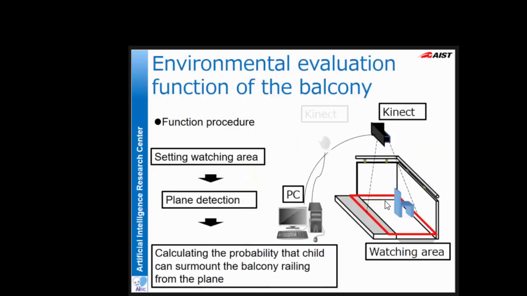Next, I will explain the environmental evaluation function of the balcony. First, we set the watching area similarly to the function to detect a child. Second, detect the plane where the child climbs. And third, calculate the probability that the child can surmount the balcony railing from the plane.